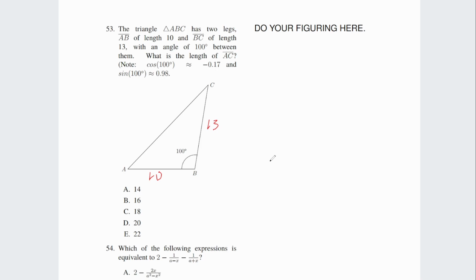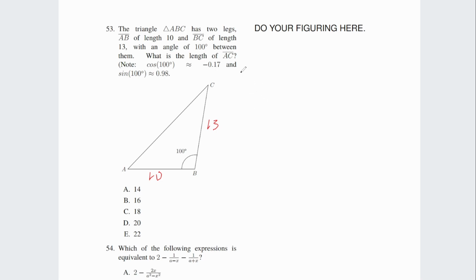So this is a problem that uses the law of cosines. It looks complicated, but it's not really. If you know the law of cosines, that is. If you don't, skip it and don't even think about it.